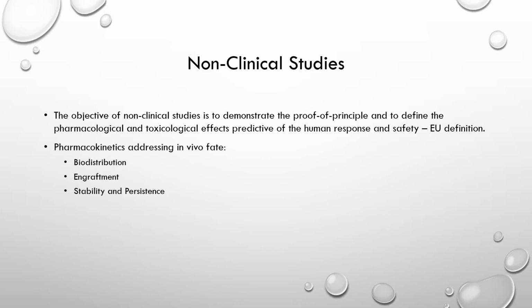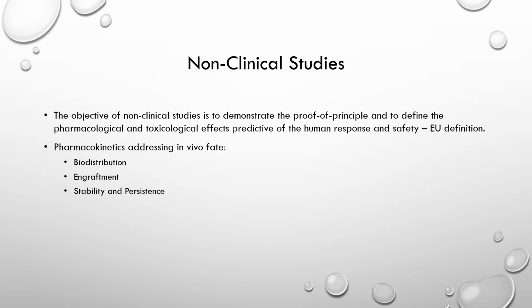And we're looking at stability and persistence because we want to ensure that you've got genetic stability with regards to the product itself in vivo, and you're also looking at persistence, because these products, we want them to remain for a reasonable period of time, if necessary.